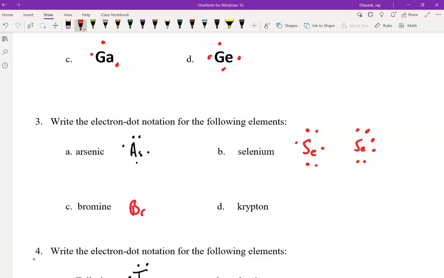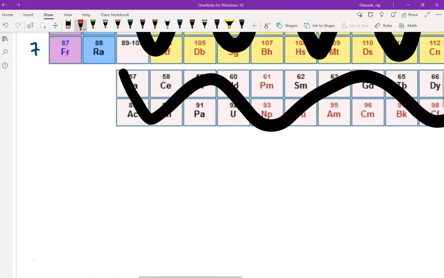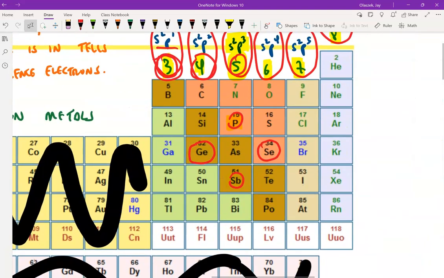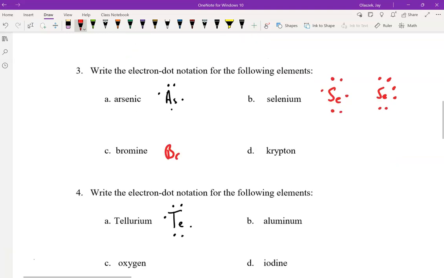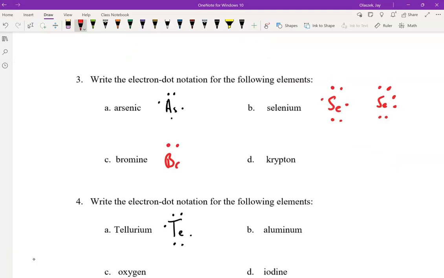Here's bromine. We find bromine in this column. It has 7 electrons. That's why we have renamed it 7. And so we'll say bromine has 1, 2, 3, 4, 5, 6, 7. You want to keep them in order? That works fine too.